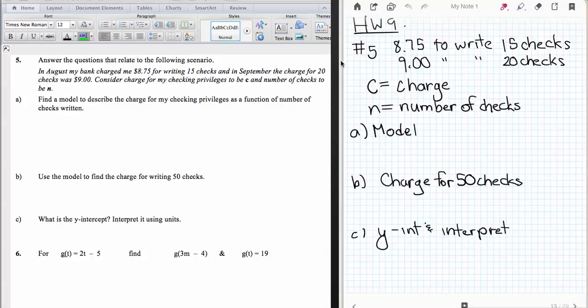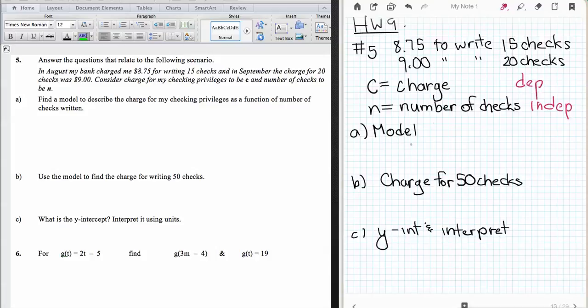I write the checks and then they charge me money. So the checks are the independent variable here, and the charge is the dependent.